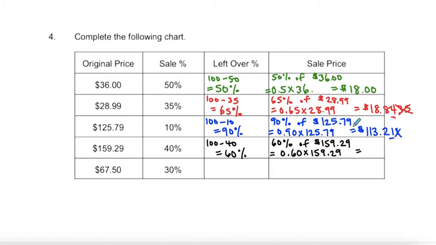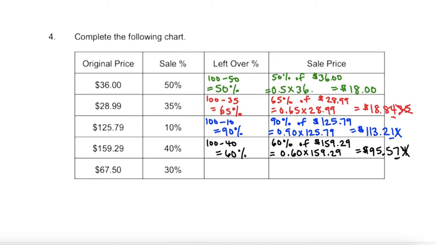Which gives me an answer of $95.57. So really it gives me that 4 at the end, but the 4 is less than 5, so I can just keep it as 57.